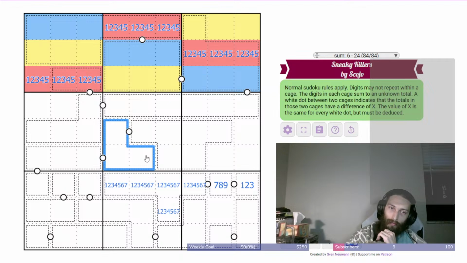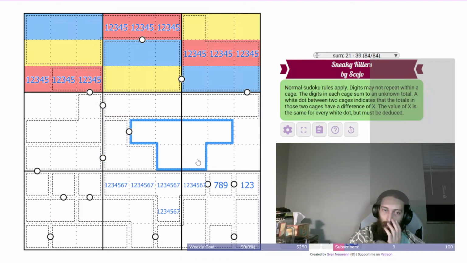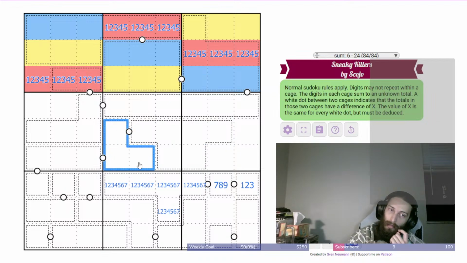So this is max 15. Well, I guess not max 15, because this is only minimum 21. But 21 minus 8 means this is minimum 13. Right.